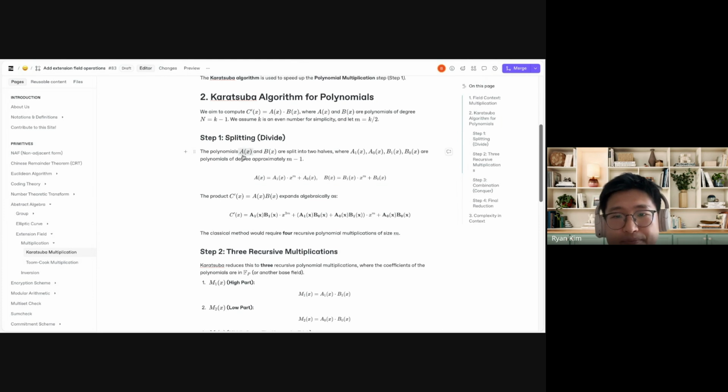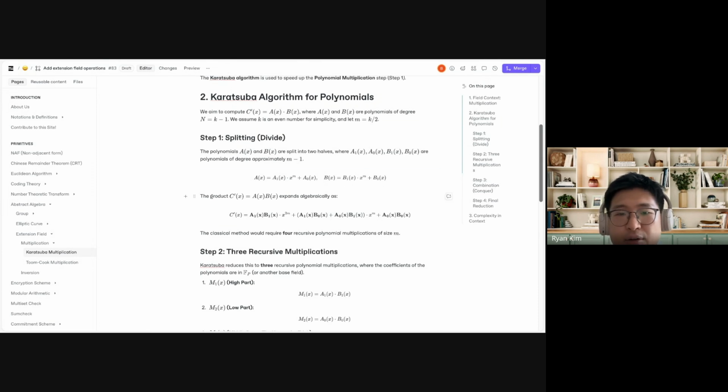For example, if you have polynomials a and b, or extension field elements a and b, first you split each into two: a1 and a0, the high part and lower part, and b1 and b0, the high part of b and lower part of b. Then we can write a with a1 and a0 like that, and b with b1 and b0 like that.